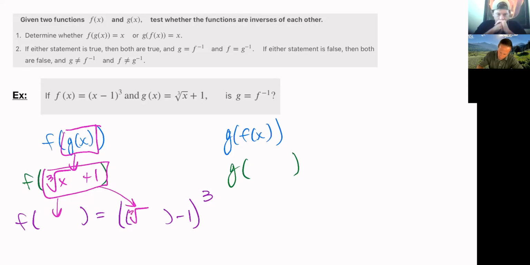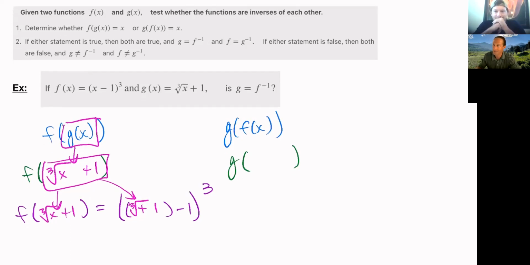So we will do the cube root of x plus 1, minus 1, cubed. And does everybody remember our order of operations? PEMDAS, right? Please excuse my dear Aunt Sally. Parentheses. Can't do anything here. Let me make that x look more like an x.